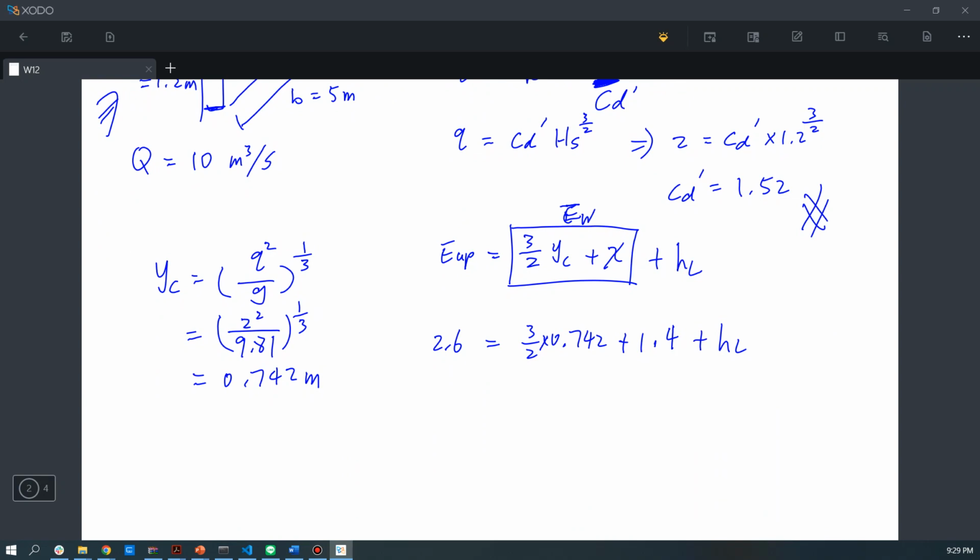Using this equation, we can calculate the energy loss equal to 0.087 meter.